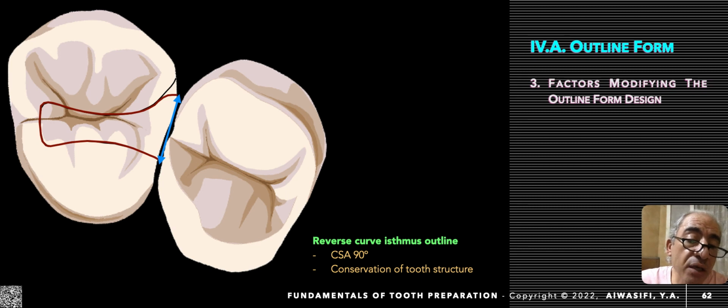You are running in a uniform pattern, and finally you reverse it, to be at the start point of the buccal embrasure. Then this reverse curve isthmus outline ensures that the cavo surface angle is 90 and this triangular area is preserved.